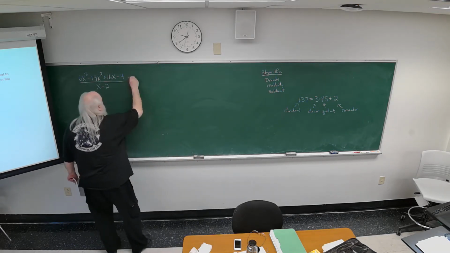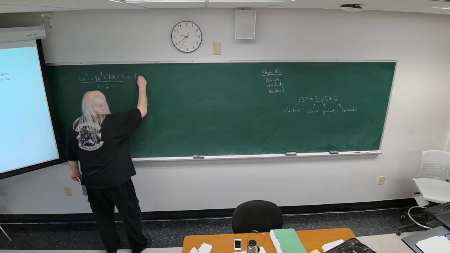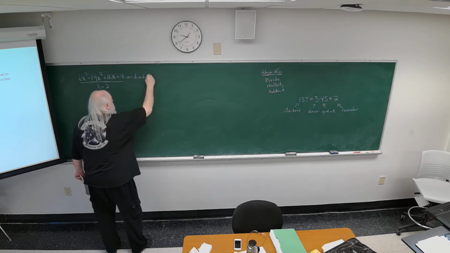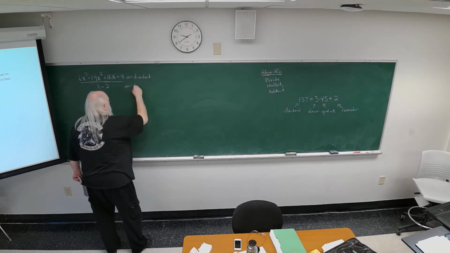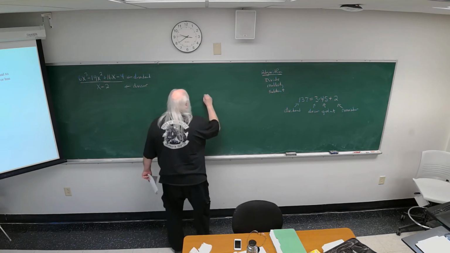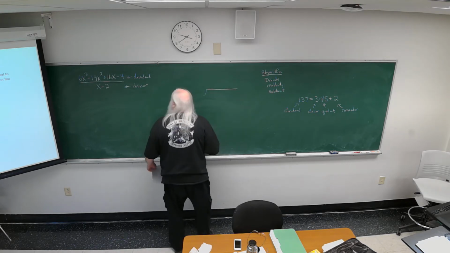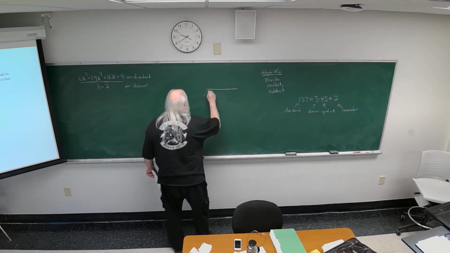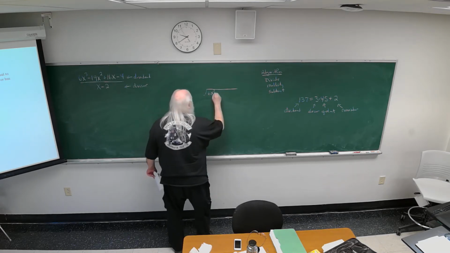So the numerator is the dividend, and the denominator is the divisor. And so we do the setup just like we do with real numbers. The dividend goes under the long division symbol.